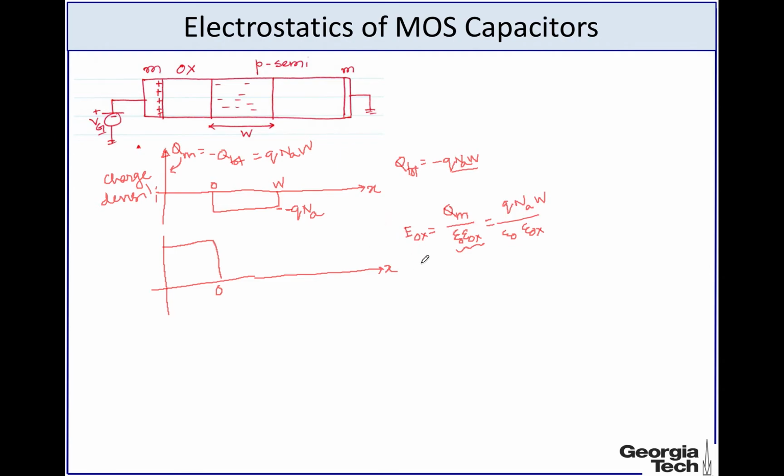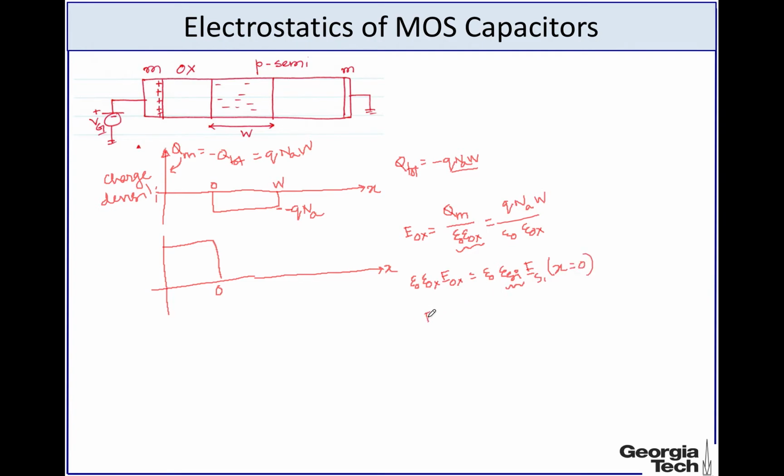To find that, we know from electrostatics the continuity of dielectric flux: epsilon naught epsilon ox times Eox will be equal to epsilon naught epsilon silicon, where epsilon silicon is the relative dielectric constant of silicon, multiplied with the electric field in the silicon at x equals 0.